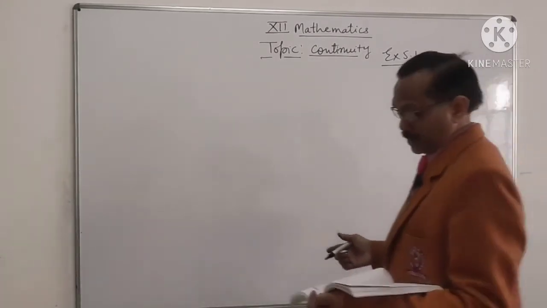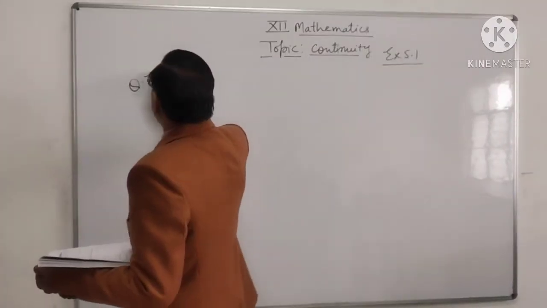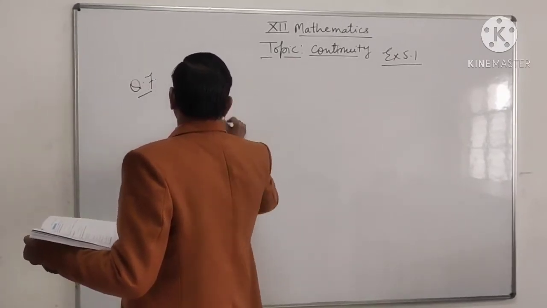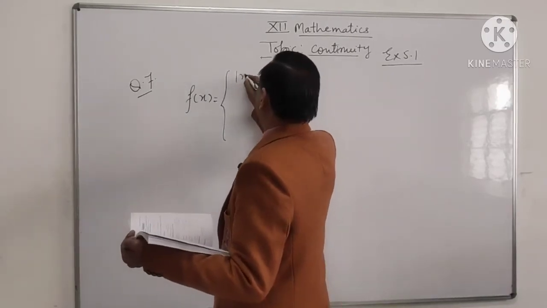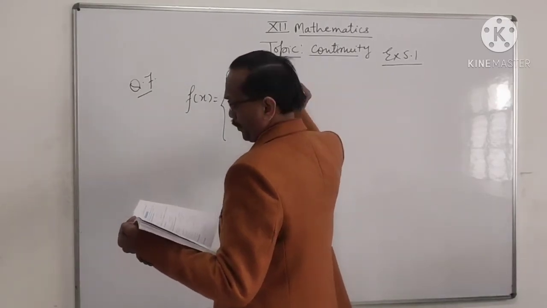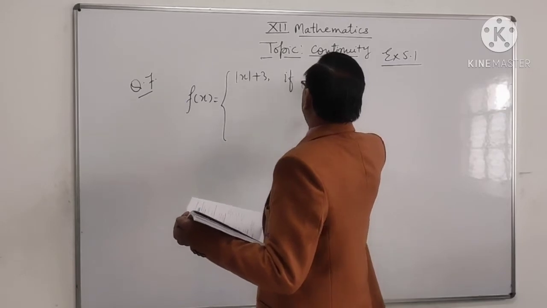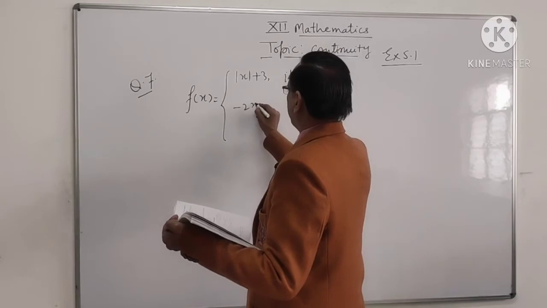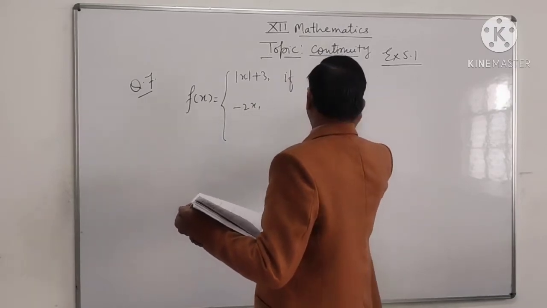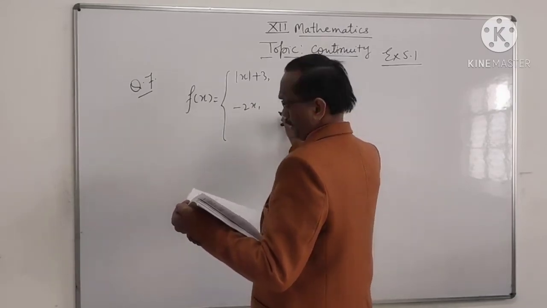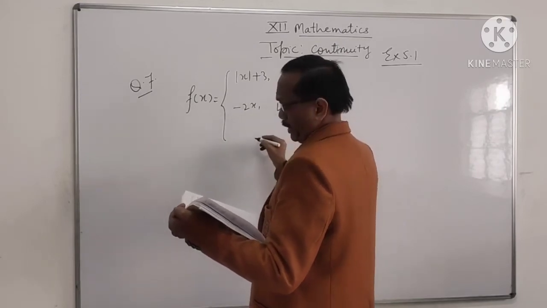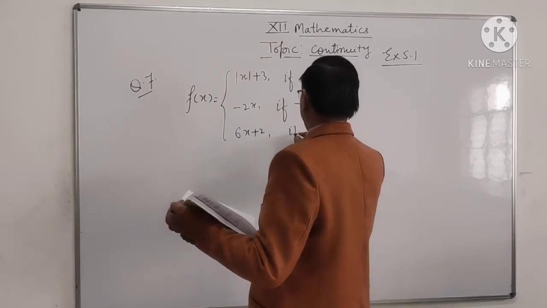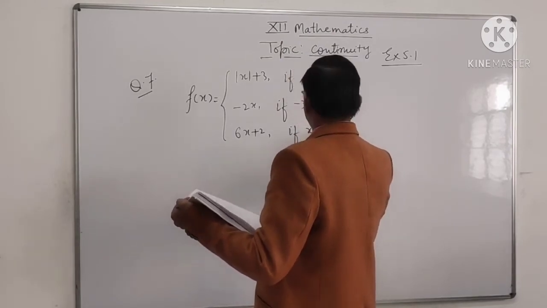Now next is question number 7. Here f(x) equals mod x plus 3 if x is less than or equal to minus 3, it is minus 2x when x is less than 3 and greater than minus 3, and it is 6x plus 2 if x is greater than or equal to 3.